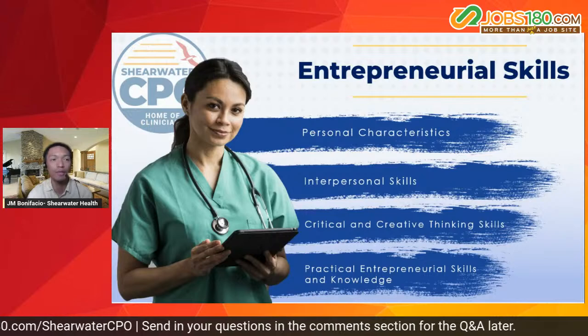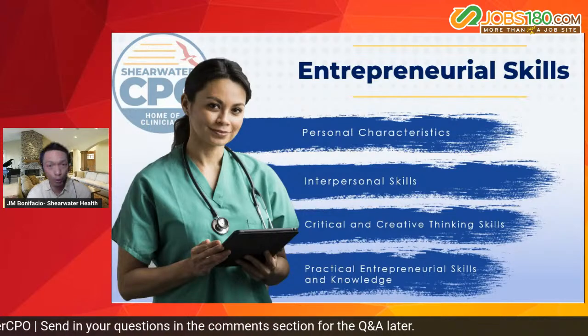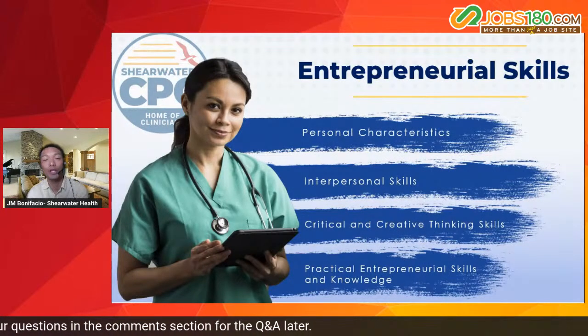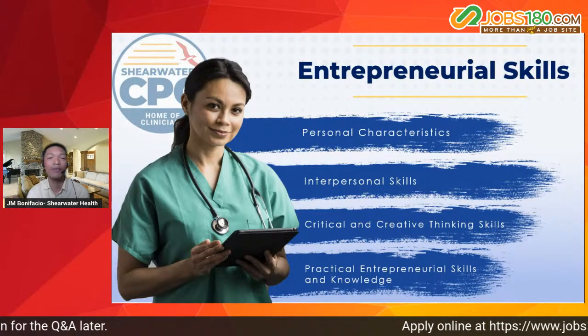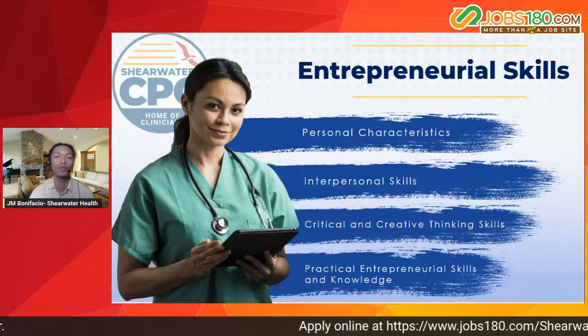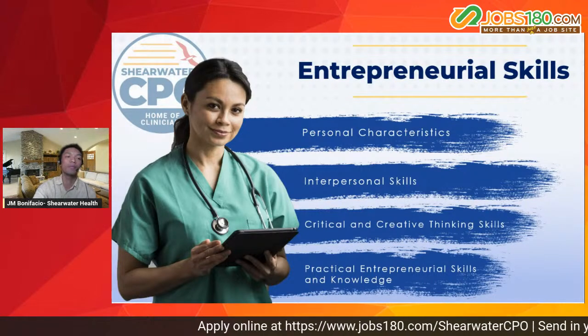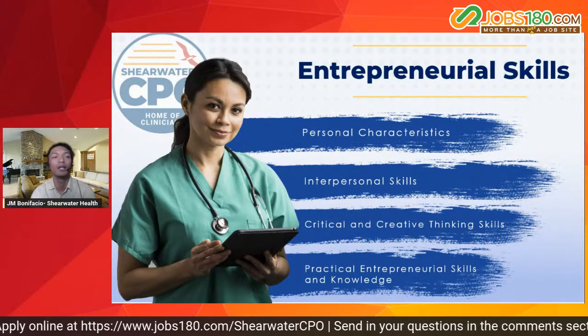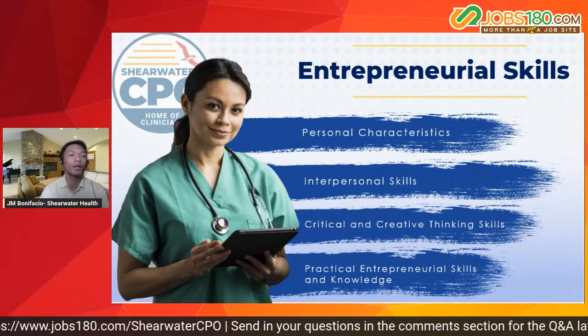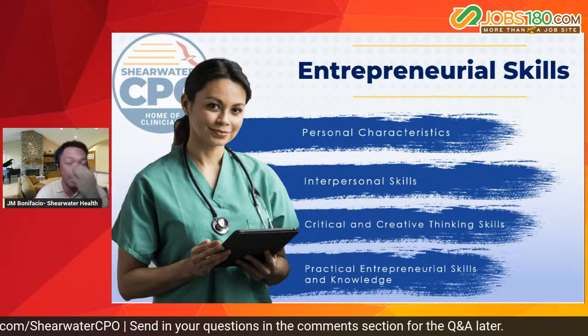Try to use the STAR approach for your interview, but for goal setting, we have the SMART goals. So for SMART, that will be specific, measurable, achievable, relevant, and time bound.